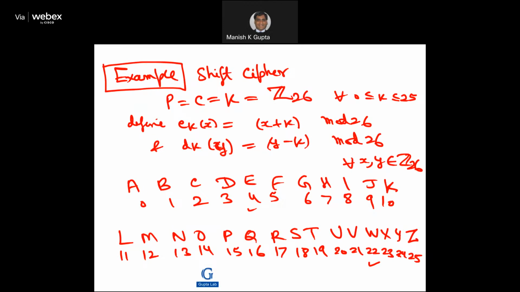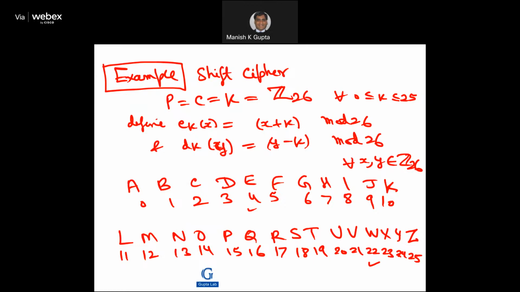So the first example is the shift cipher, which you know from your discrete math class. Shift cipher, a very popular cipher. Here, the plain text space, cipher text space, and key space are the same: integers modulo 26, Z26.